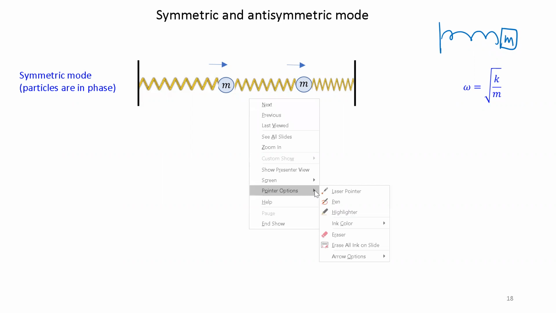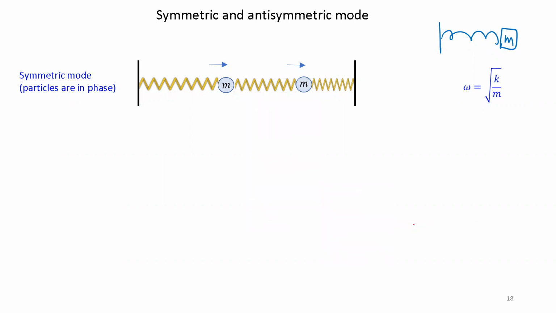After some time, when the mass is on the other side, this one will be compressed and this one will be stretched, but the middle spring, again, is neither stretched nor compressed.